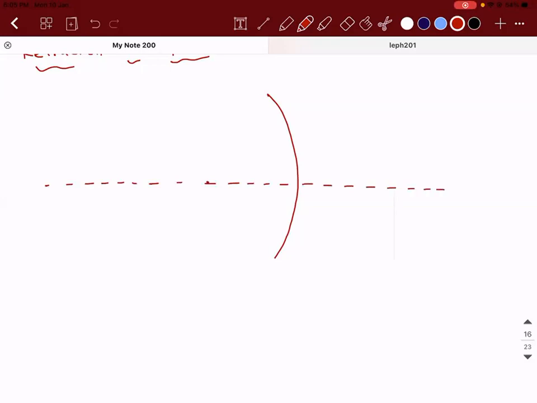Let's say this is the center of curvature, mu1, mu2. There is the denser medium and there is the rarer medium. Let's say an object is placed here, and the ray is going to hit this surface at this point.